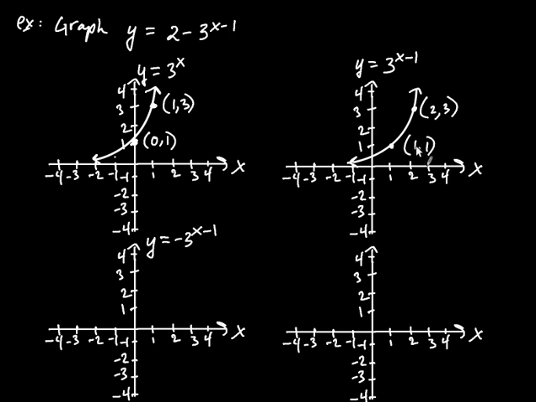So instead of (1, 1), we're going to have (1, negative 1); the y-coordinate becomes negative. And instead of (2, 3), we're going to have (2, negative 3) right here. Let's label those points. Let's fix that so you can read that negative 3 there.